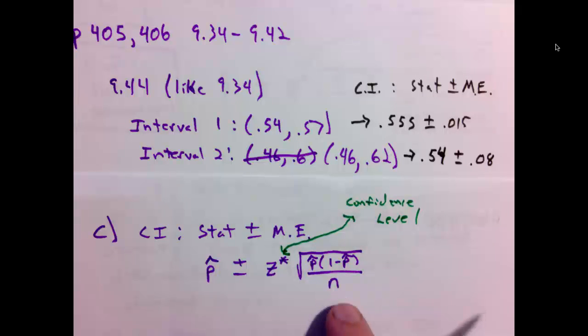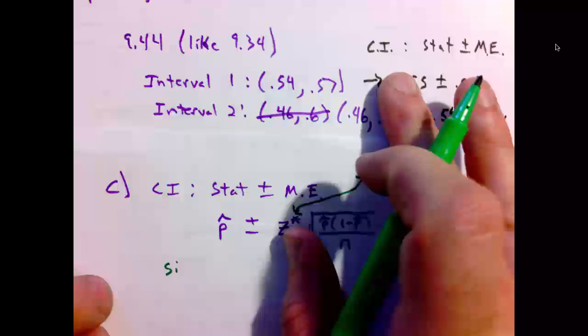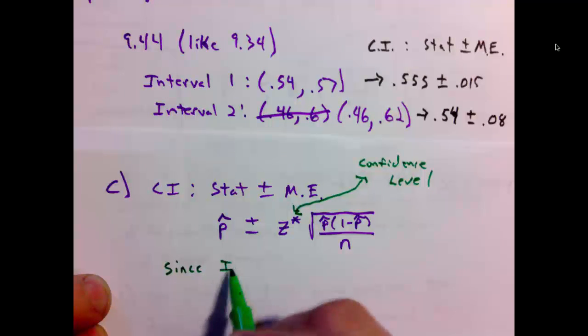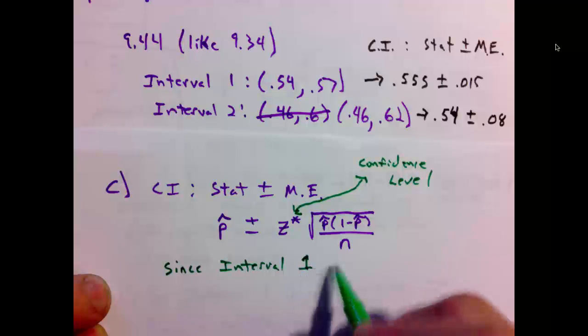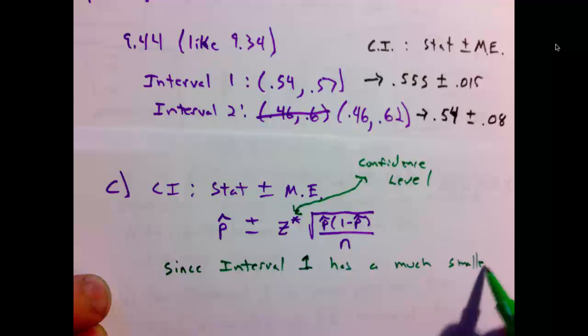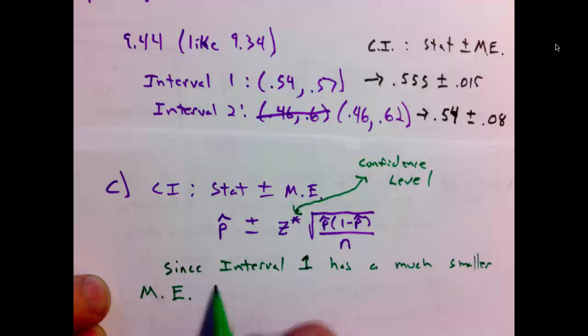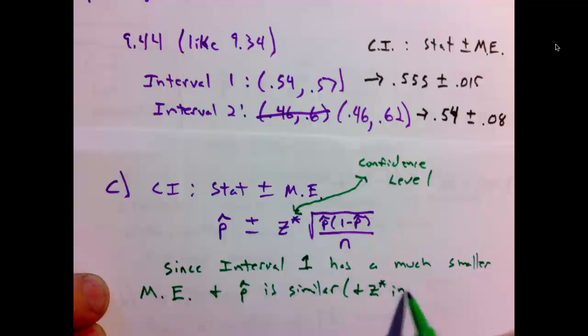So for the C part here, since interval 1 has a much smaller margin of error and p hat is similar and z star identical, here's what we're saying.